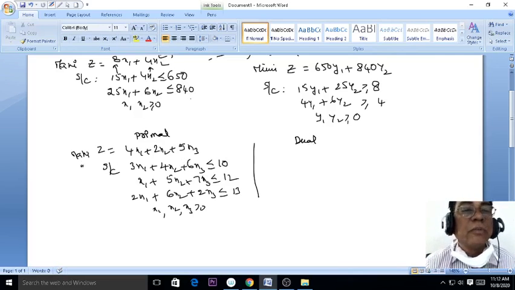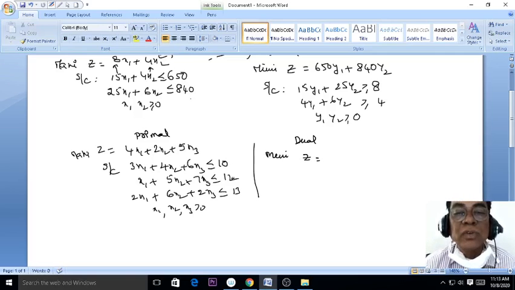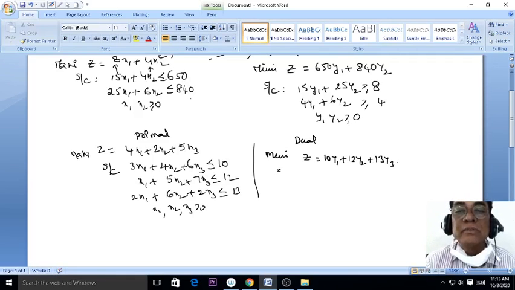Next, write down the dual. Maximization is given, so write down minimization. Z is equal to, the values after the inequality symbols 10, 12, 13 convert into the objective function: 10y1 plus 12y2 plus 13y3. Next, subject to constraint.